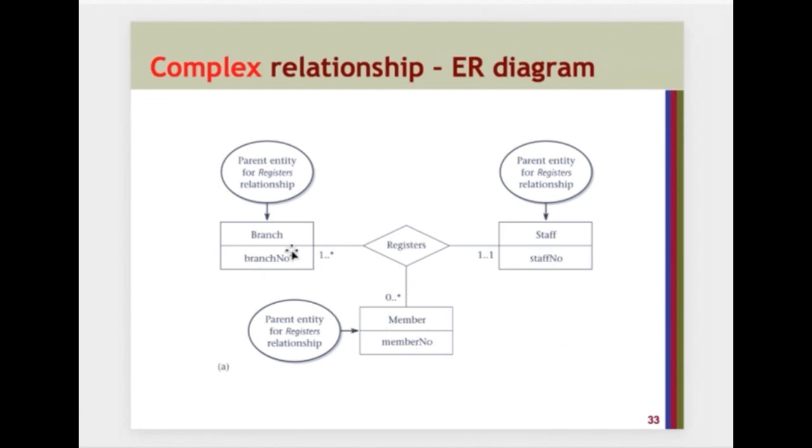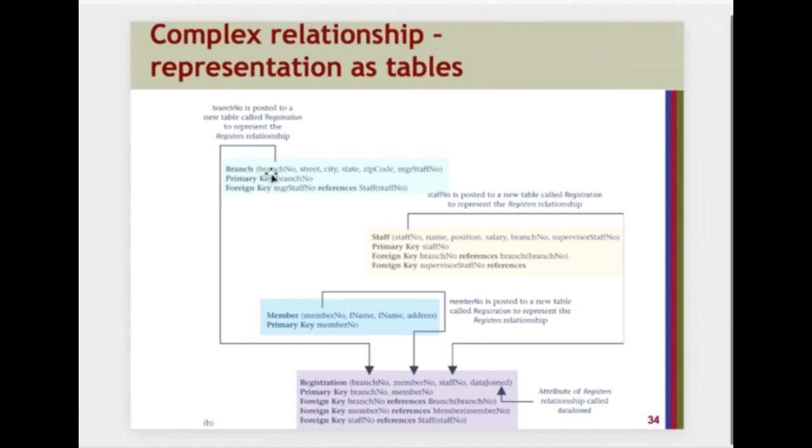How many parents do we have here? Three parents. So we will copy the primary key of branch into registration, member into registration, and staff into registration. See here, the primary key of the branch is branch number. We copy here branch number into the registration table. The primary key of the member table is member number. So we copy the member number into the registration table.